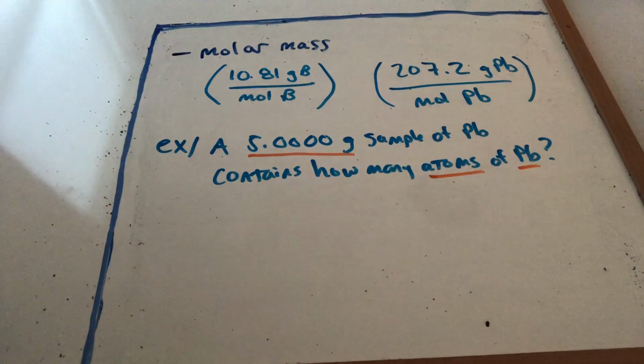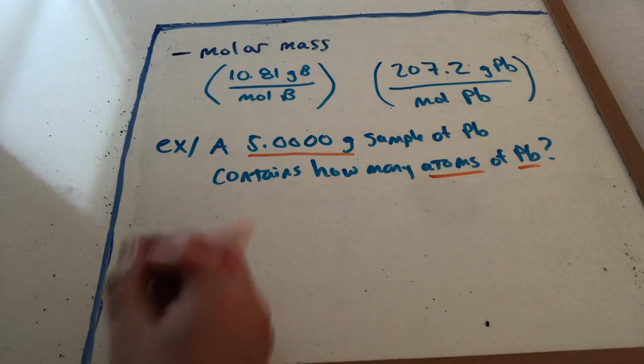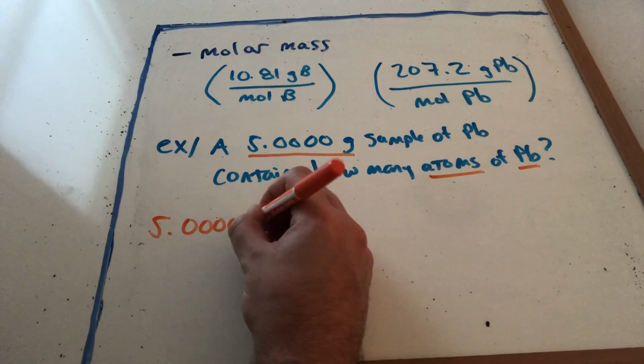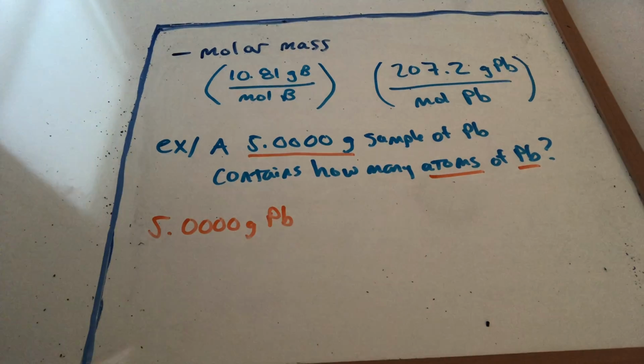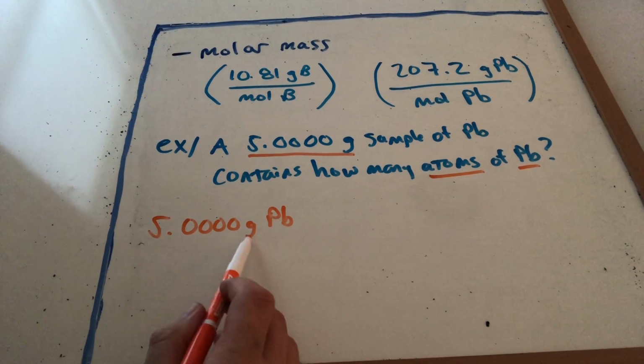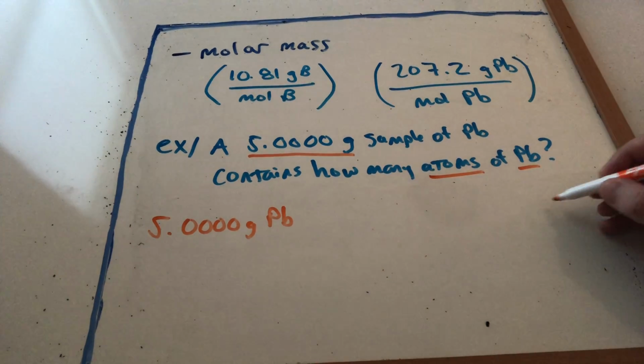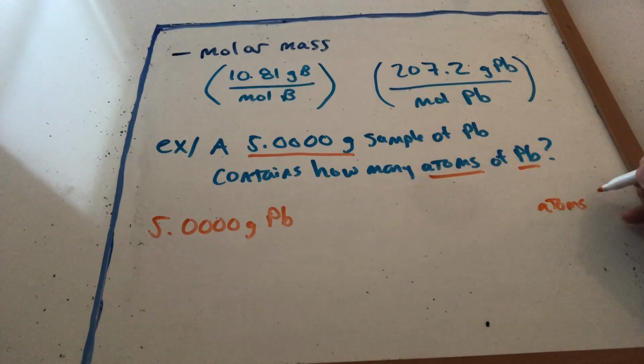Now, we approach this conversion factor problem just like we were approaching conversion factor problems in the beginning part of the course. What are we asked to analyze? We're asked to analyze 5.0000 grams of lead. Notice, I'm not only writing the unit down, I'm writing the identity, right? We take our 5 grams of lead and we have to turn that into atoms of lead.